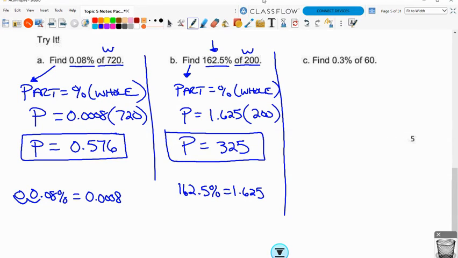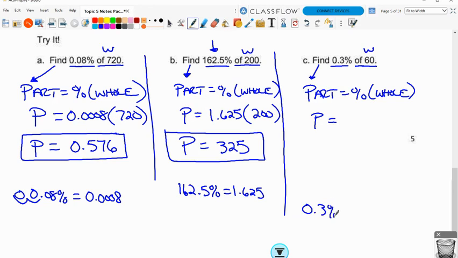In our last example, we're going to find 0.3% of 60. So the percent equation, again, is part equals a percent times the whole value. And we always find a percent of the whole. So 60 is going to represent the whole. We have our percentage. We're finding P, the part, equals. Let's change 0.3% into a decimal.